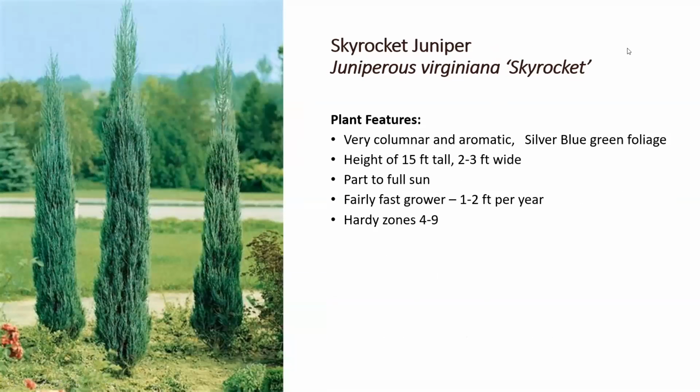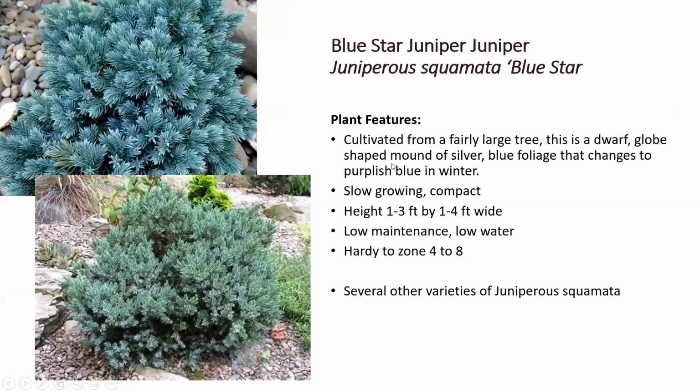Here we have the skyrocket juniper. Yet again, a very nice choice for something that's going to be tall and slender. It's part to full sun. It's also very aromatic, which is nice in the landscape, to walk by something, brush against it, and smell that wonderful juniper smell.